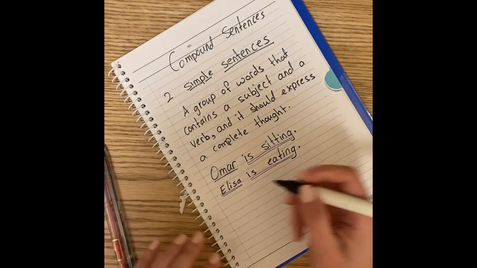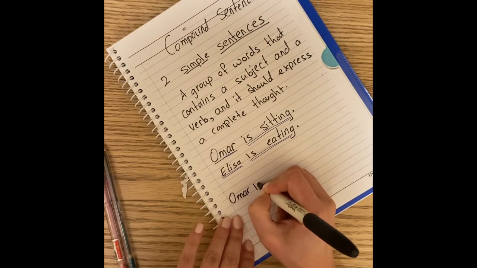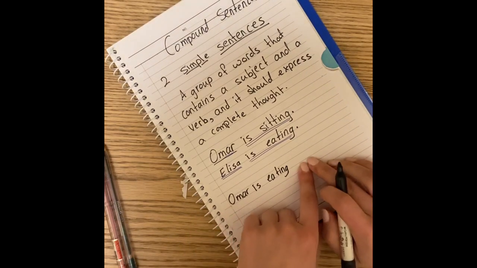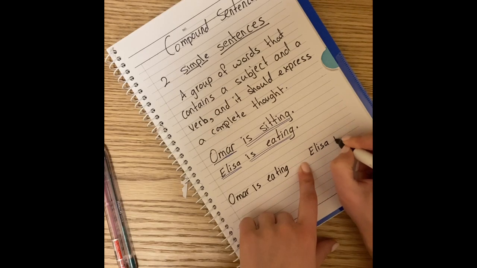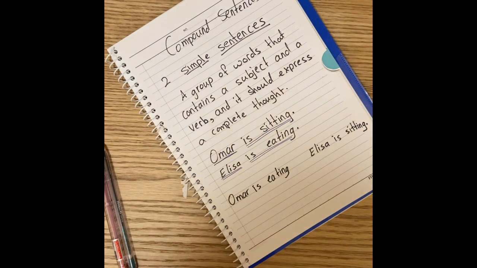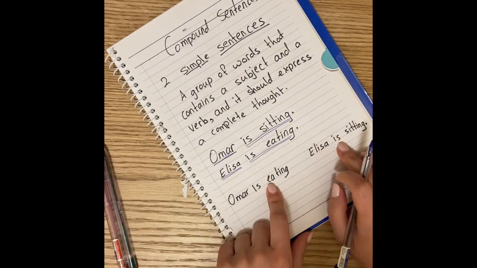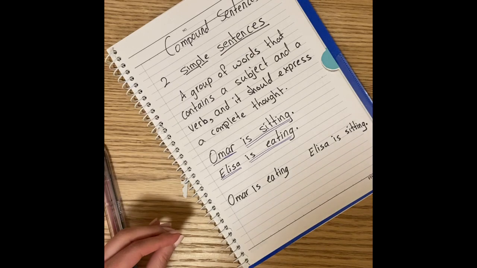Now we will write them beside each other. Umar is eating. I leave a space here. Elisa is, okay, I mixed up the verbs, but it's fine, is sitting. Full stop. Okay? Now, I need a small little word here between these two simple sentences to join them together and make a full, complete compound sentence.